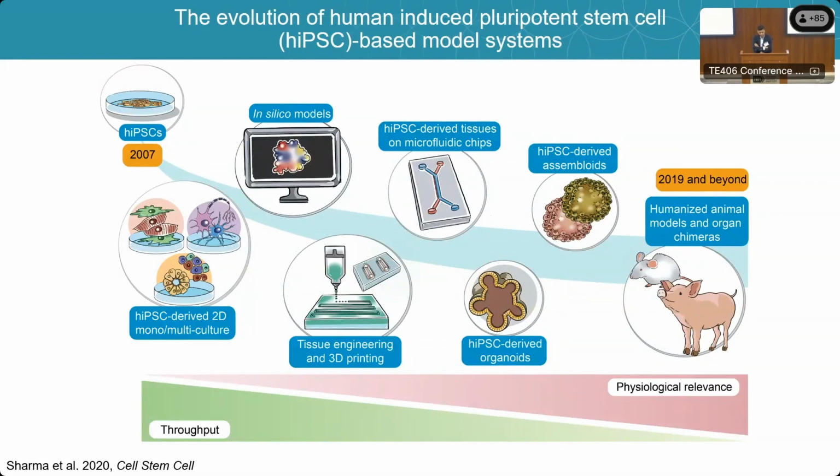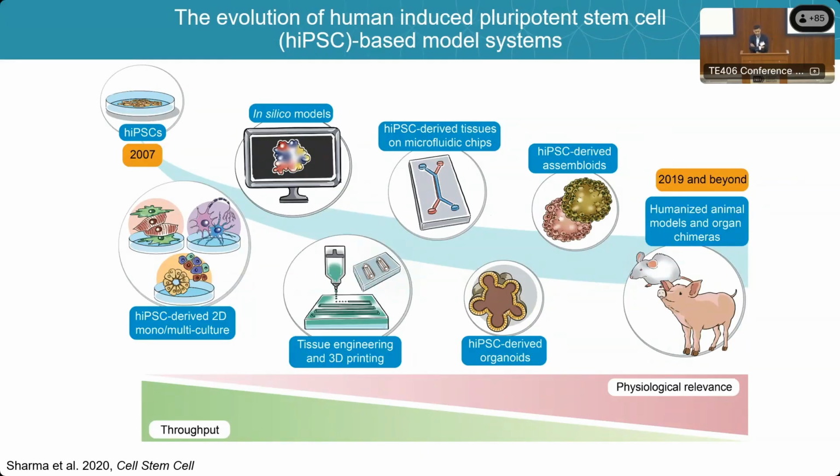Initially, the differentiation protocols to transform iPSCs into different cell types typically relied on 2D mono and multi-culture, just two-dimensional adherent cells in a dish, which is a high throughput approach, but perhaps not the most physiologically relevant, but scalable, and the protocols are straightforward enough that even undergraduates and high school students in the laboratory can execute these protocols.